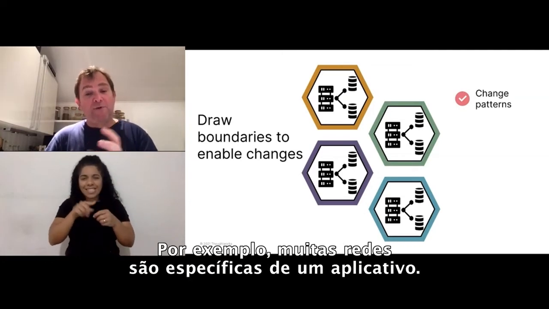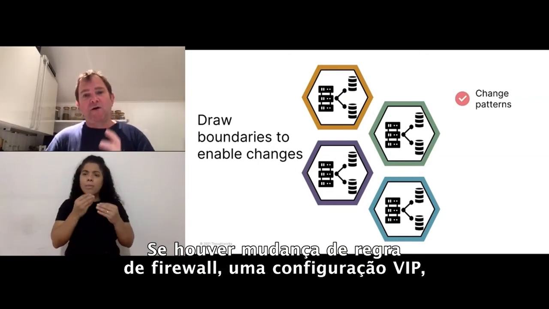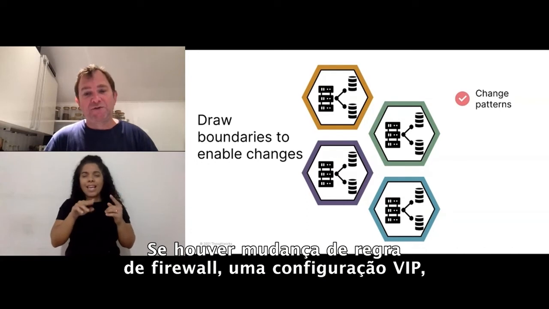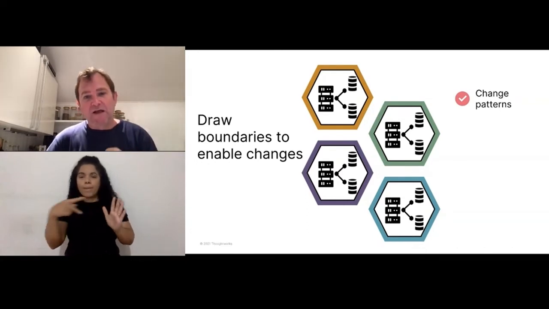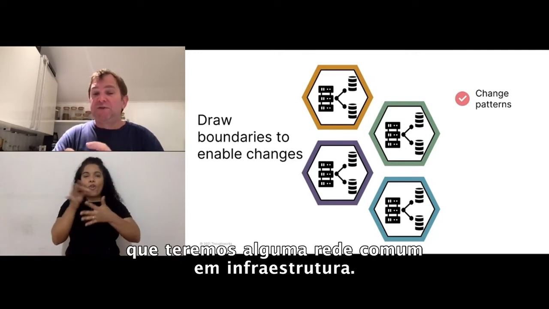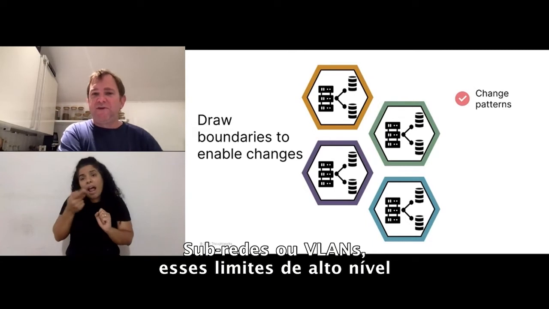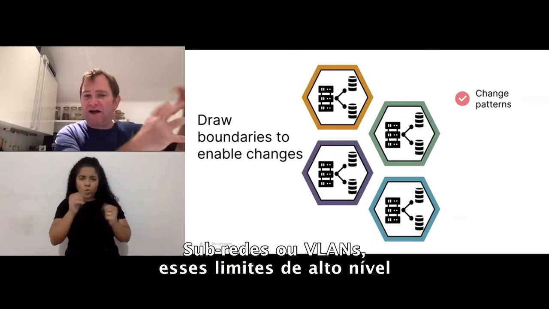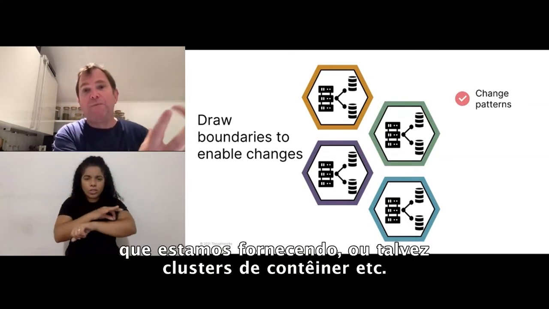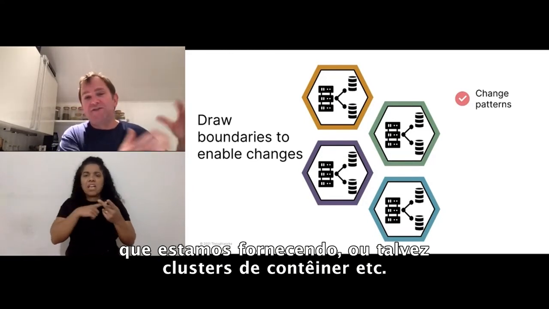For example, a lot of networking is specific to an application. So a firewall rule change or a load balancer VIP configuration will tend to be associated with a single application. And so it can be useful to say, we're going to have some common network infrastructure, so subnets or VLANs or so on, those kind of high-level boundaries or constructs that we're providing, or maybe container clusters or so on.